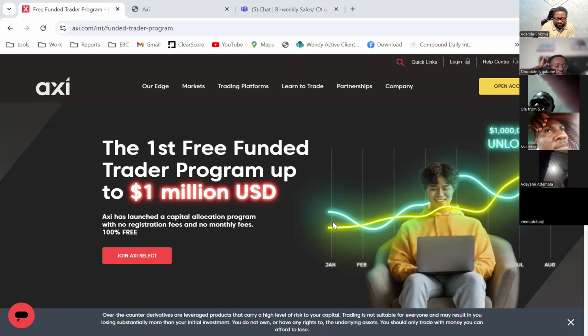Another thing that I love is that you are not paying any money. With other funded programs, you pay a registration fee of, let's say, $50, and when you have a drawdown of say 10%, you lose that money. But with AXI, you don't lose that.